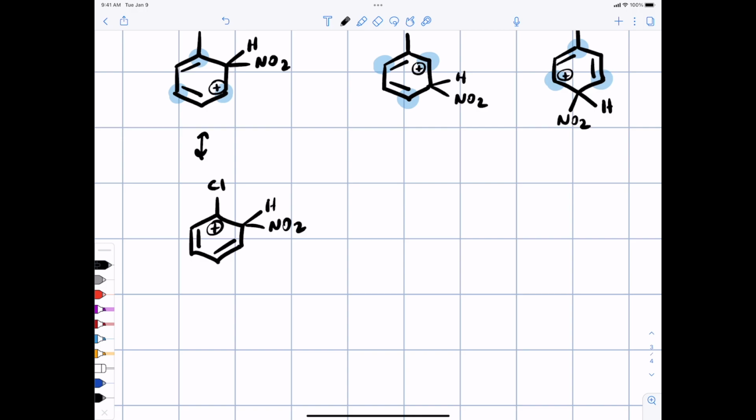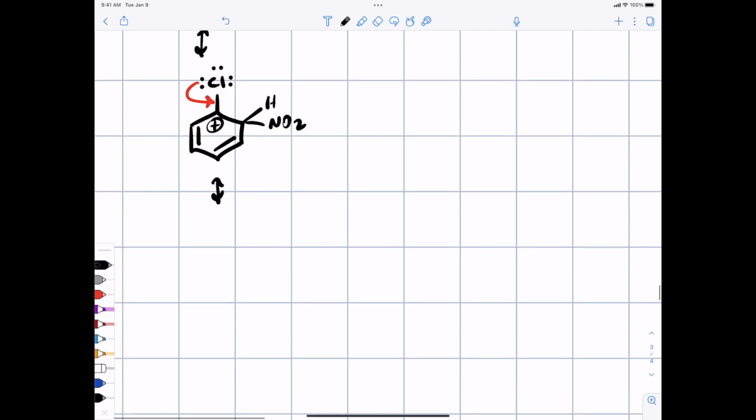It is electronegative, but like oxygen and other electronegative heteroatoms with lone pairs, those lone pairs can stabilize the positive charge via resonance, okay? So I could draw a resonance structure in which chloro further delocalizes the positive charge, and that is always a stabilizing effect.